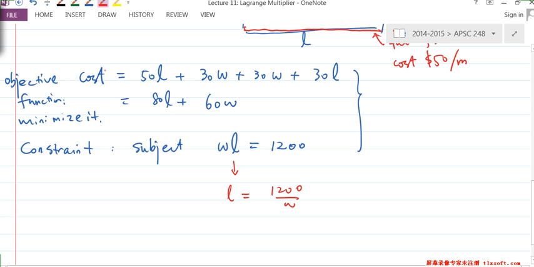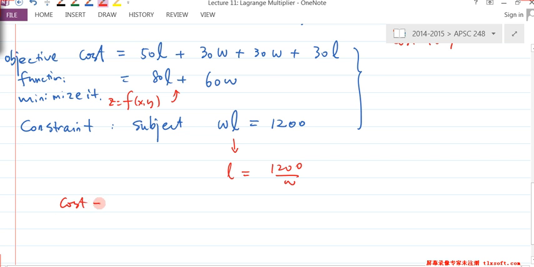So over here, this is basically your f of x, y, this function right here. So if I sub this L into here, then my cost will equal 80 times that guy, which is a pretty big number, plus 60W.